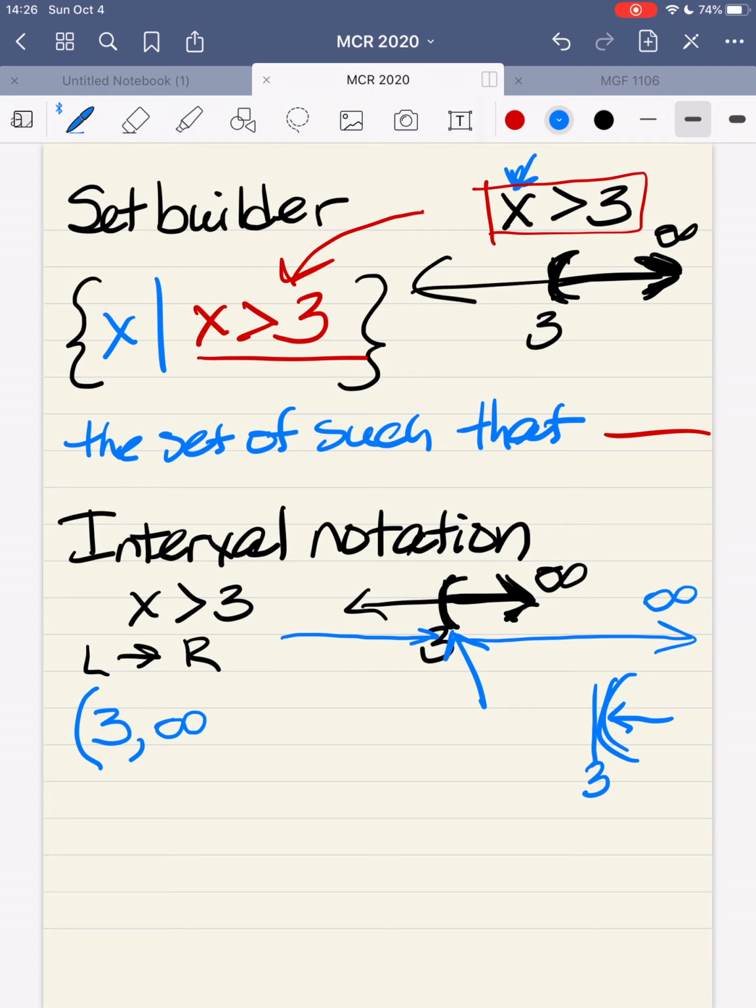But I can't actually touch 3, but there's a whole bunch of decimals I can have in there. As I approach infinity, the same thing happens. I don't have what number infinity is. I can add 1, add 0.1, add a fraction to it, and make it bigger and bigger. So infinity always gets a set of parentheses, as well as negative infinity. So it kind of looks like something we call an ordered pair, although it is not. And this tells me the solution to the inequality that I was given.